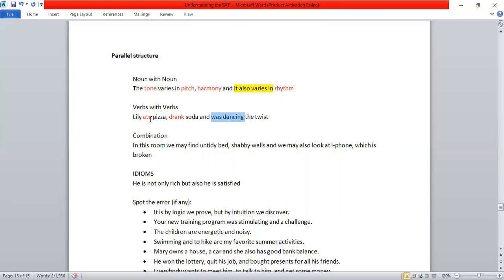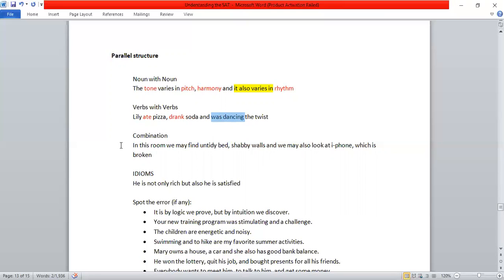So, parallel structure is more of a writing style and what the SAT prefers than just another grammar rule. So, I will remove this was dancing and I'll say Lily ate pizza, drank soda, and danced the twist. So the twist would become your noun and danced would become your past tense verb.